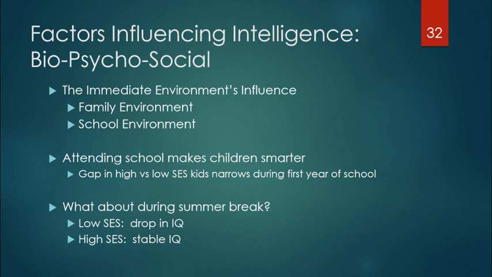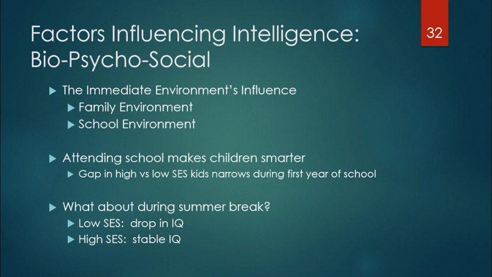There is a gap in intelligence that exists between children from a high socioeconomic class and children from a low socioeconomic class. But that gap gets considerably smaller during the first year of school.